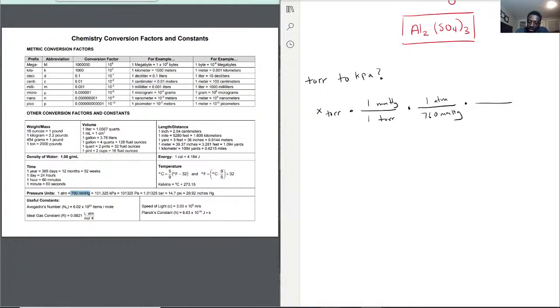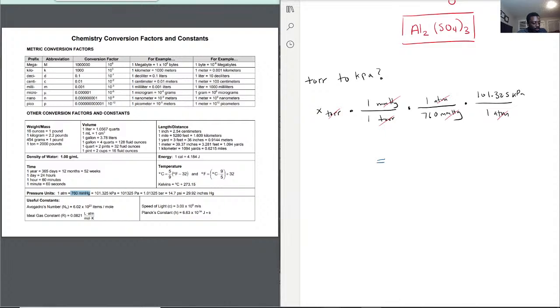So 1 ATM is equal to 101.325 kilopascals. Okay, so now when we cancel our units, hopefully you'll see that everything leads to kilopascals. So the answer for this would be that we take X, divide by 760, and multiply by 101.325.